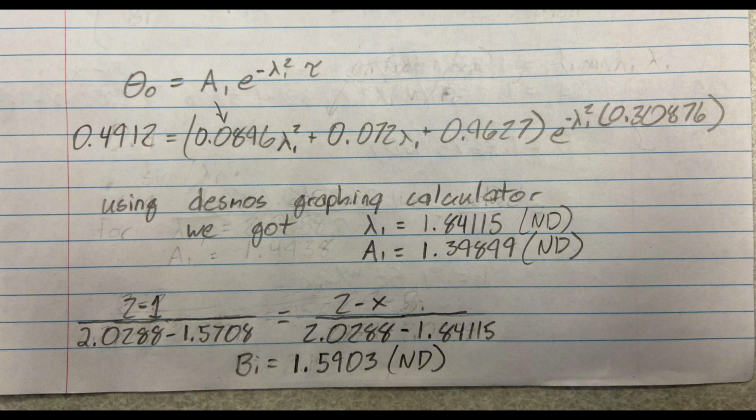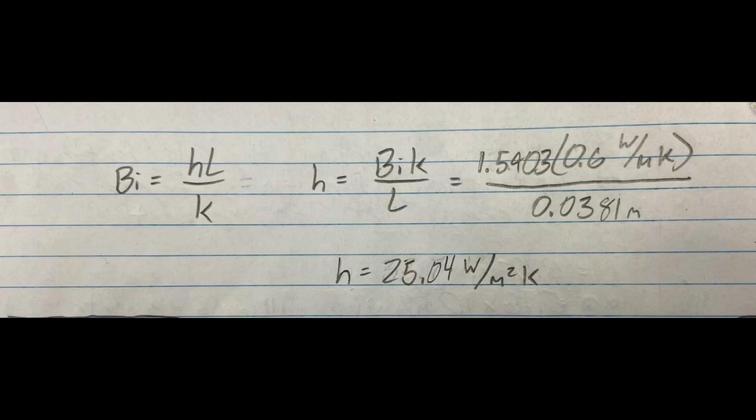This gave us a final Bi number for the convection oven of 1.5903. Then rearranging the Bi number equation for the coefficient of convection, we were able to get an answer of 25.04 watts per meter squared per degrees Kelvin.